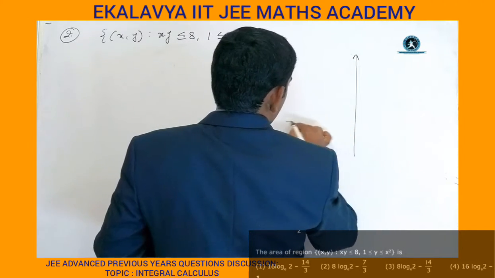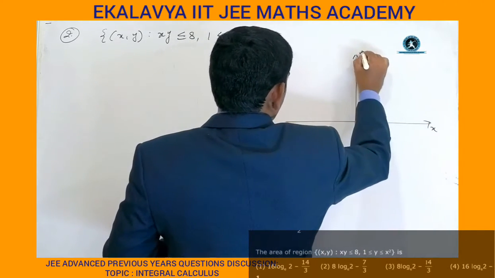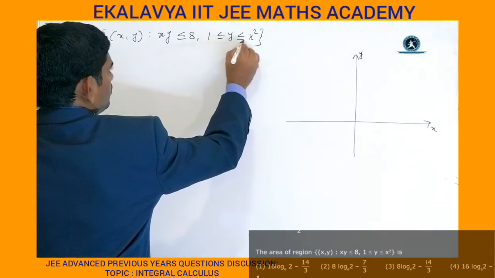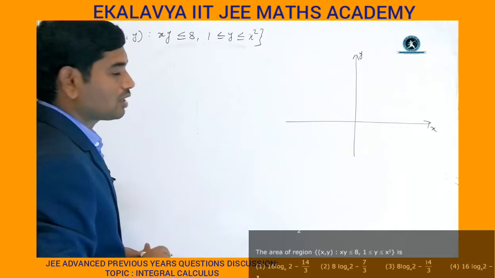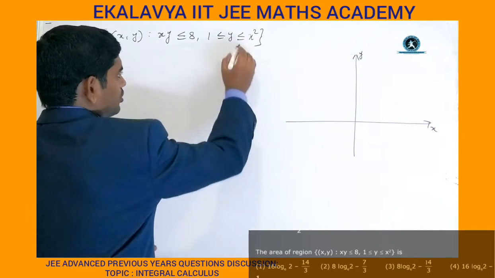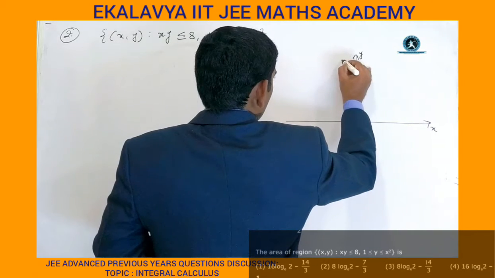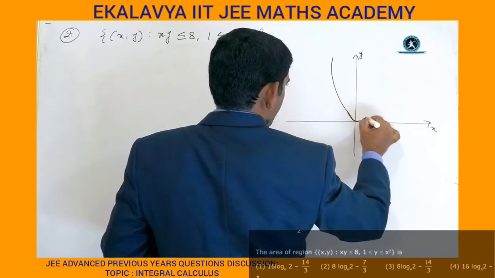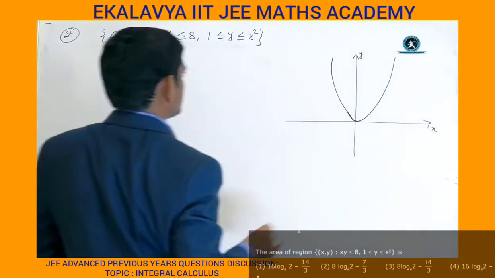So this is the y axis and this is the x axis. We have 1 less than or equal to y less than or equal to x square. So y is less than or equal to x square. How can we get the graph of this? y equals x square, so like this we will get.